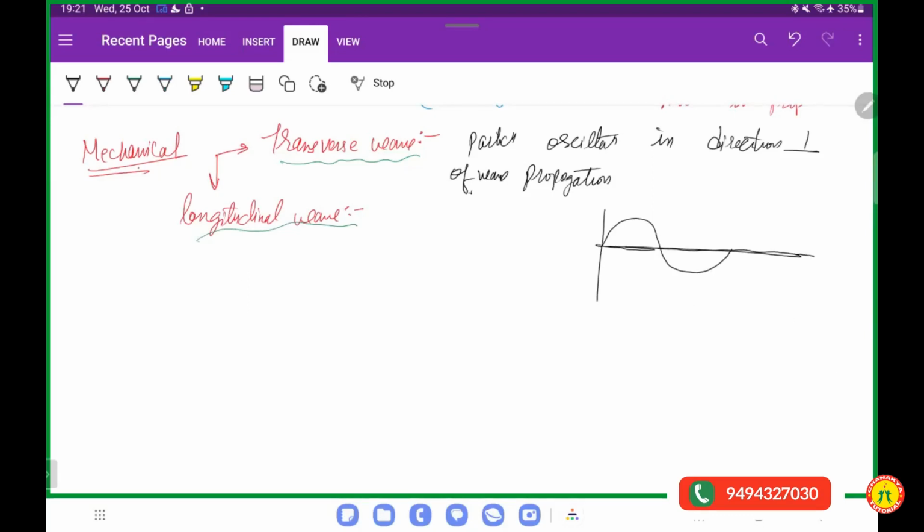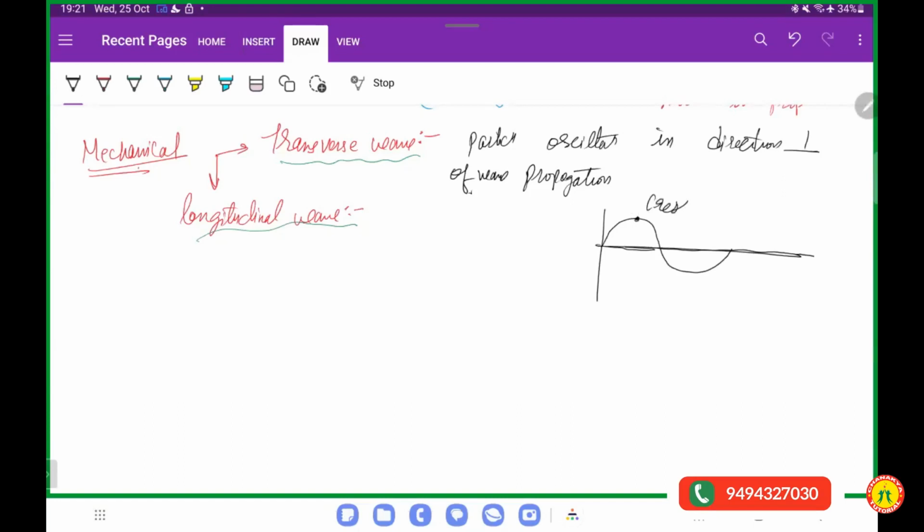For example, ripples of water: if you throw a stone, it will ripple there. Then a string, when you're playing guitar, that string will move up and down. It vibrates. Those are the waves.